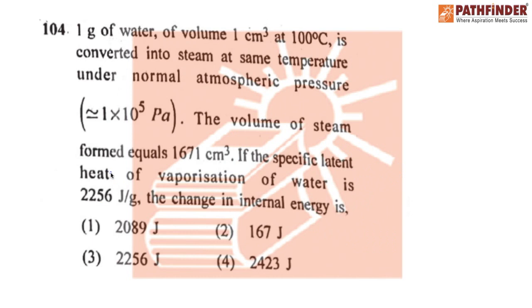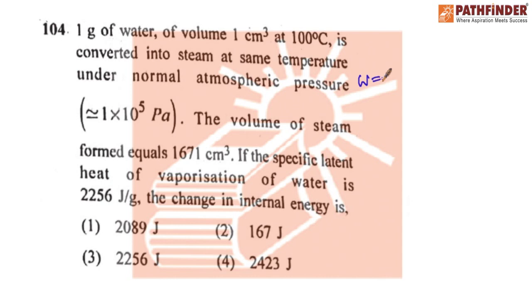1 gram of water of some given volume at 100 degrees centigrade is converted into steam at the same temperature under normal atmospheric pressure. The volume of steam formed is given. If the specific latent heat of vaporization is 2256 joule per gram, please mind it, not joule per kg, find the change in internal energy. Here work done we can easily determine.